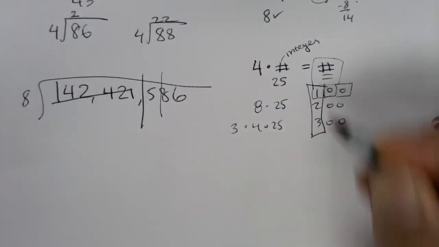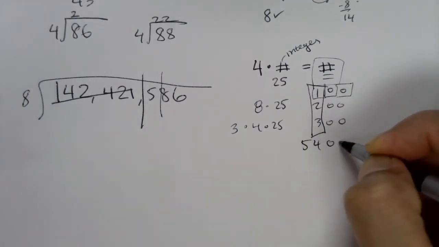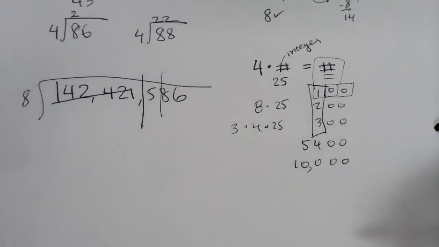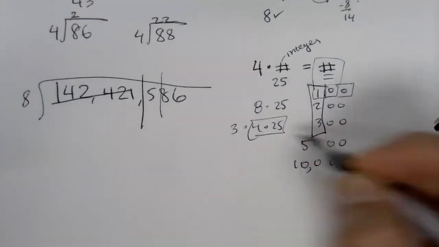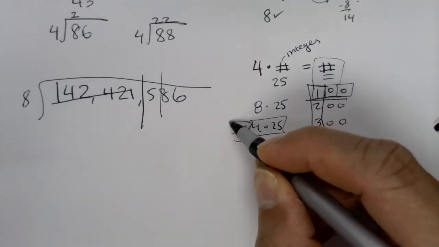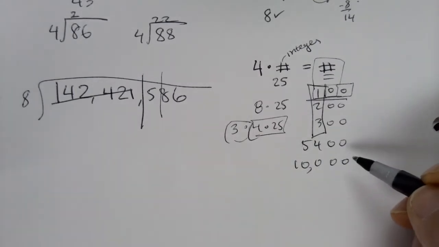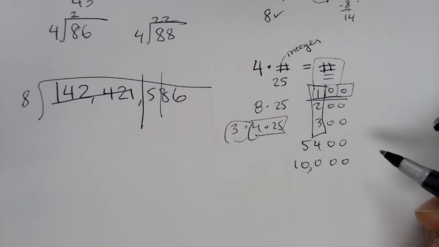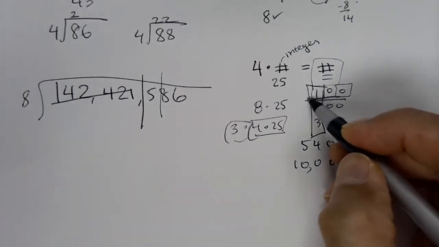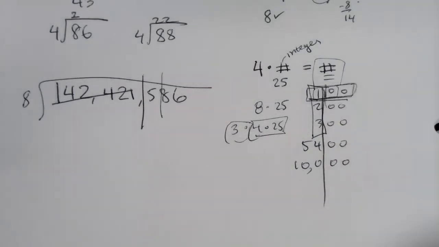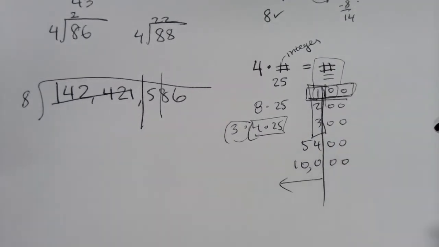Any multiple of 100, such as 5,400 or 10,000, is going to be 4 times 25 times some multiple. If I have 16 hundreds, that's 16 times 4 times 25. Any multiple of 100 is going to be evenly divisible by 4. So I don't need to worry about what's past those last 2 digits.